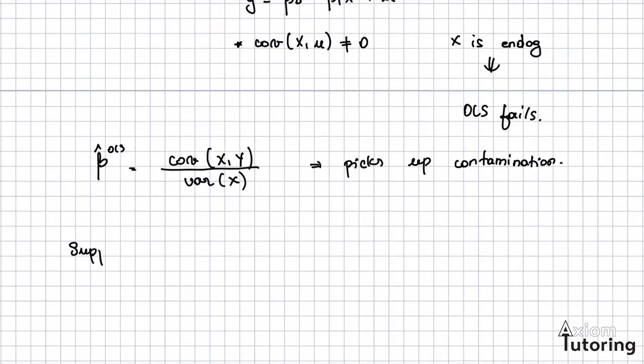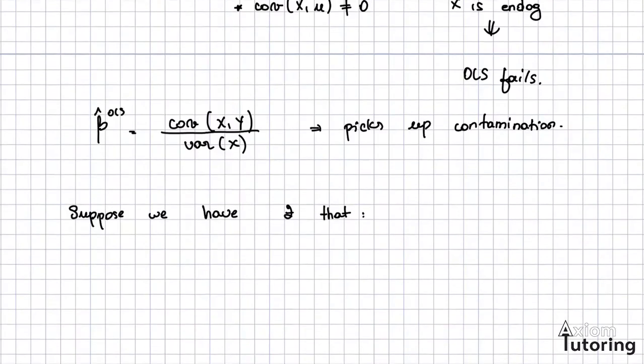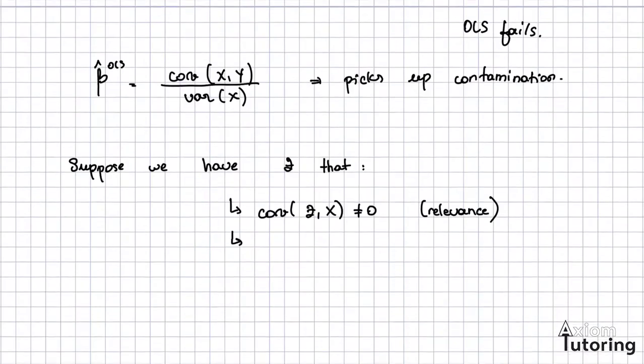Suppose we have a Z instrument that fulfills the following conditions. One, the covariance between Z and X is different from 0. Remember, this is the relevance condition. And secondly, the covariance between Z and the error term is equal to 0, meaning the exogeneity condition is fulfilled.